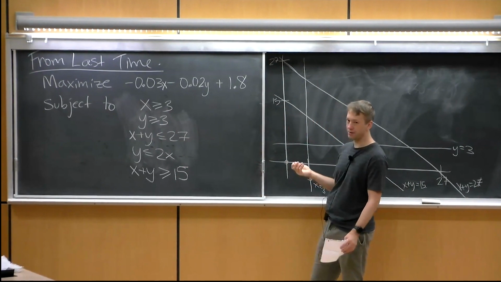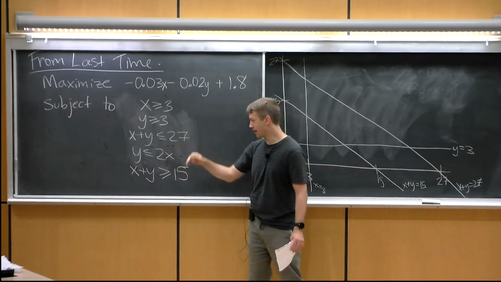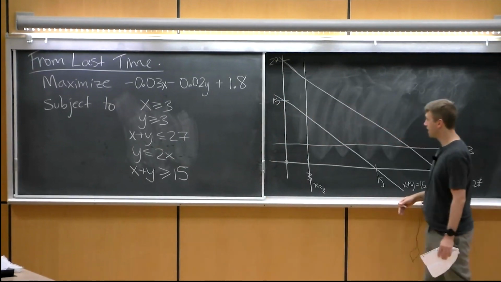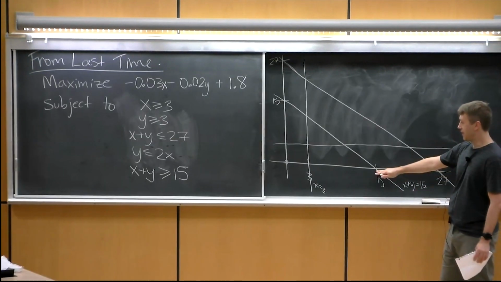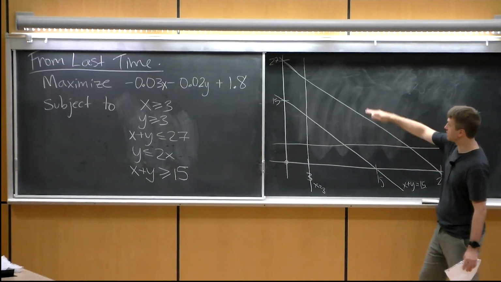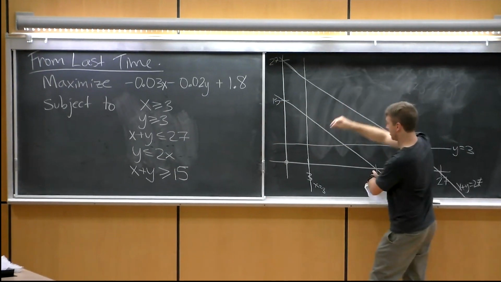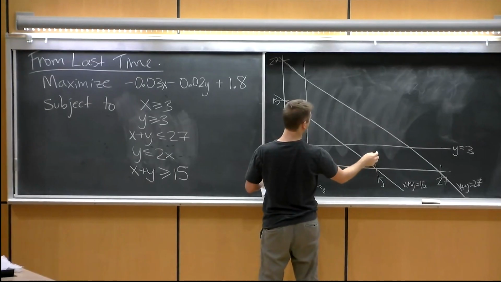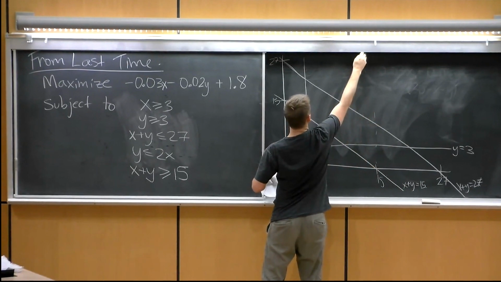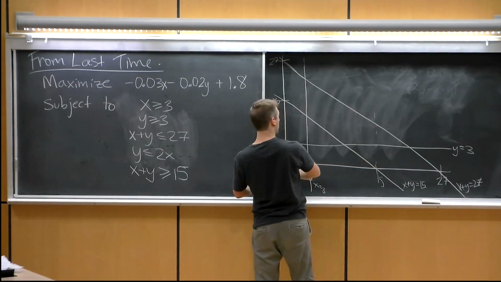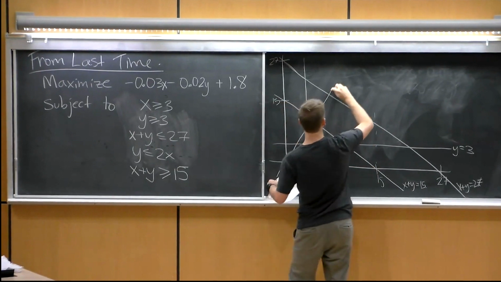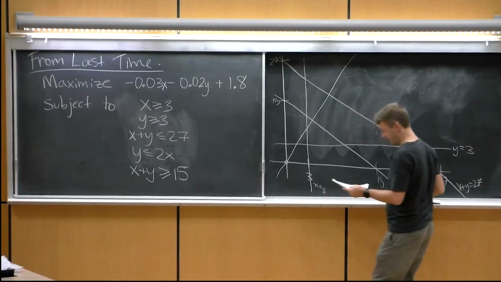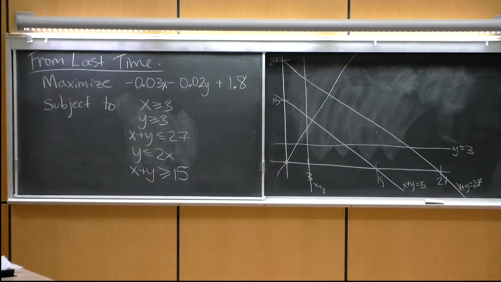So I need another point. When x is 15, y should be 30, which is just a bit above this board. I mean, these pictures don't have to be absolutely perfect.